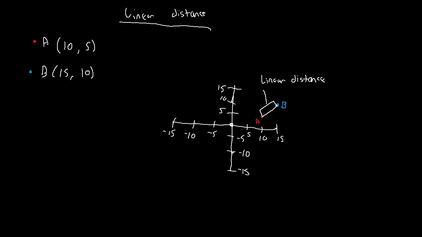So let's talk about the equation. The equation for linear distance, which I'm going to denote as D, is going to be the square root of (XA minus XB) squared plus (YA minus YB) squared.